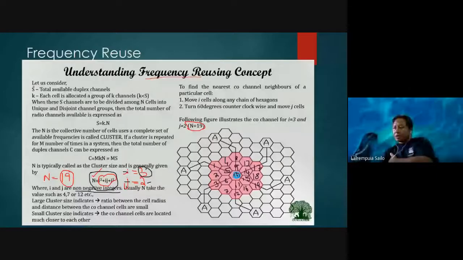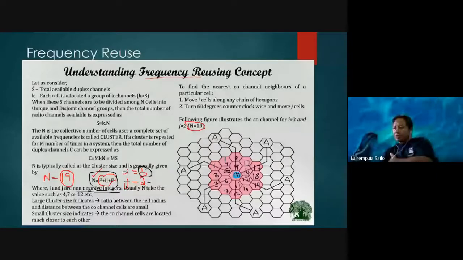Here, this is the center of this cell. Let's count from here, starting from here. Okay, this is the originating cell. What is the i value? The i value is 3. Okay, 1, 2, 3.